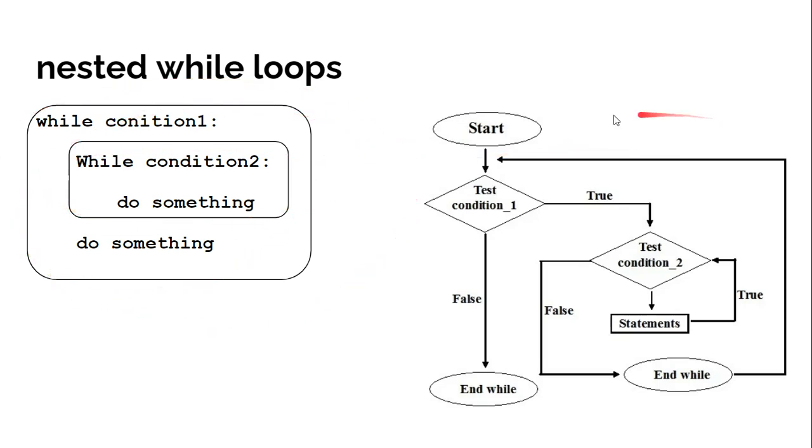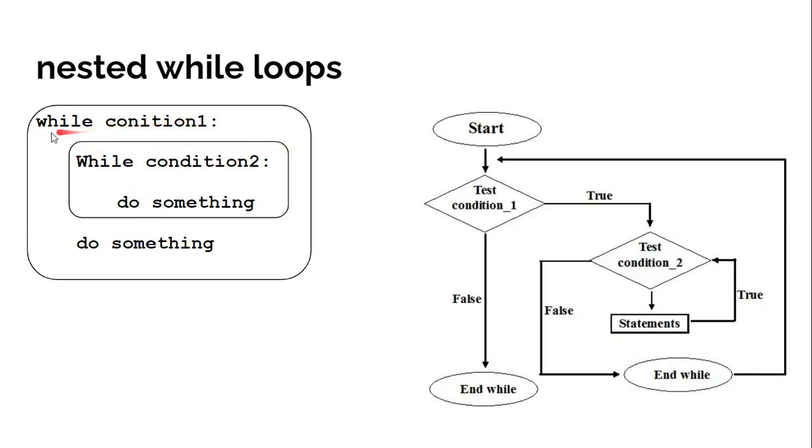And if you see the flow chart of the nested while loop, what we actually do in the case of a while loop is this. First, if this condition is true, then we will go inside the body of this while loop. Inside the body of the outer while loop we have the inner loop.